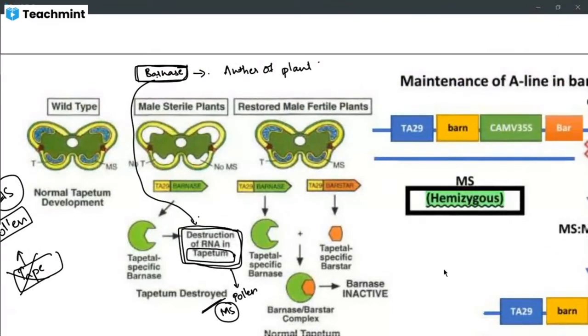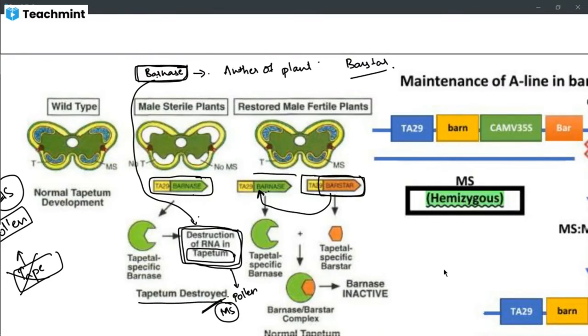And then there is another gene named Barstar. This is your Barnase, which is in green color, and there is another gene named Barstar. This Barstar is used to counter the Barnase. So when you inject only Barnase, the tapetum is destroyed. When you inject both Barnase as well as Barstar, Barstar will counter the Barnase, and the tapetum will not be destroyed.